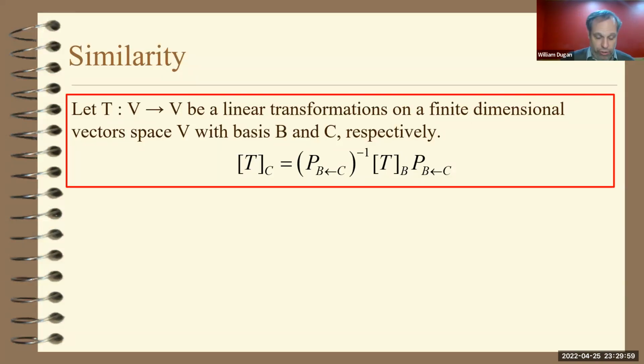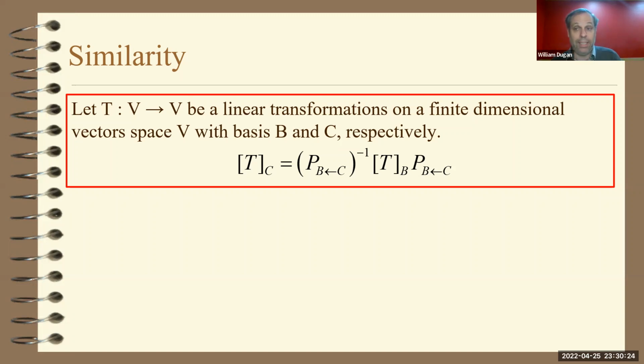So if you have a transformation going from a finite-dimensional vector space V back into V, where you're going from a basis B to a basis C, and C and B are both bases for the vector space V, you might want to know the matrix of T relative to C. Is it related to the matrix of T relative to B? And the answer is yes.